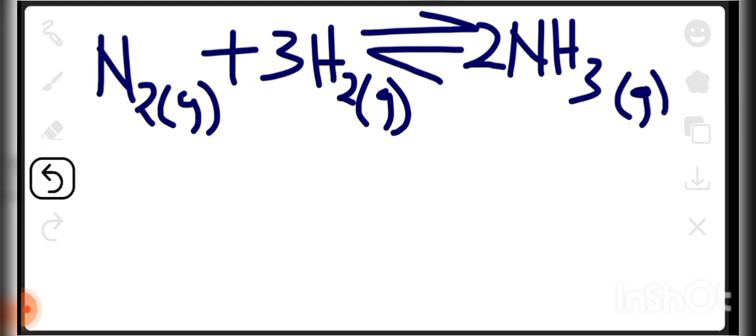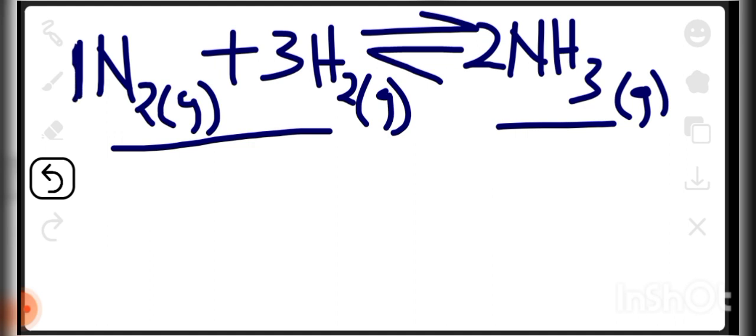This one we don't check for endothermic or exothermic. No, just check how many moles we have on the left hand side and how many moles we have on the right hand side. We have 1 mole of nitrogen here. Then we have 3 moles of hydrogen gas. So 1 plus 3 equals 4 moles.